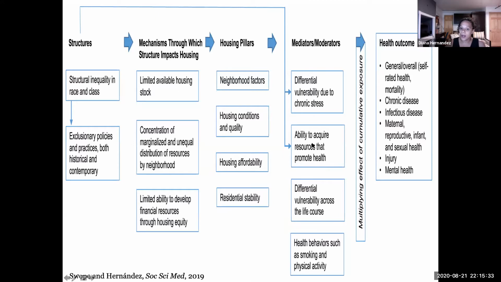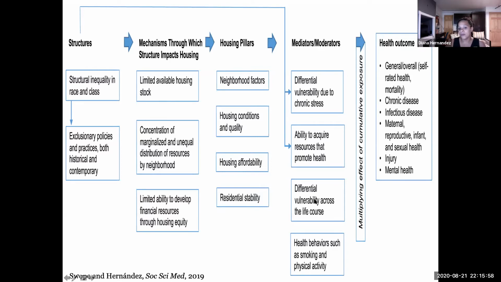It's also about the ability to acquire resources that promote health, right? We understand that health is a manifestation of physical activity and healthy eating and being able to manage stress, for instance. But that becomes a lot harder if you're living in an environment that is unsafe, or that doesn't offer the possibility of healthy food access.